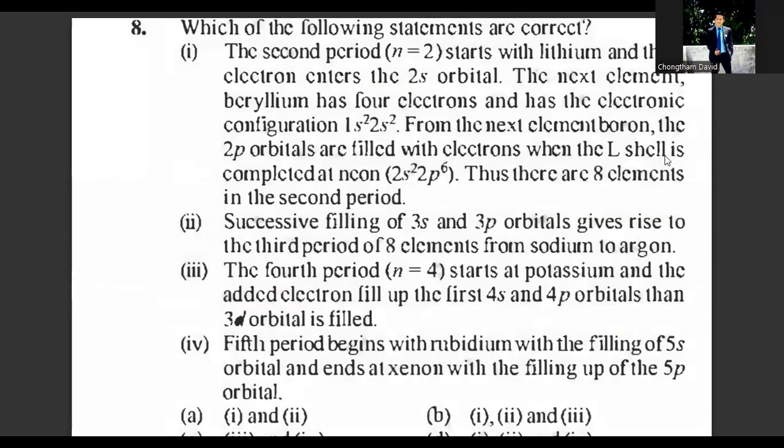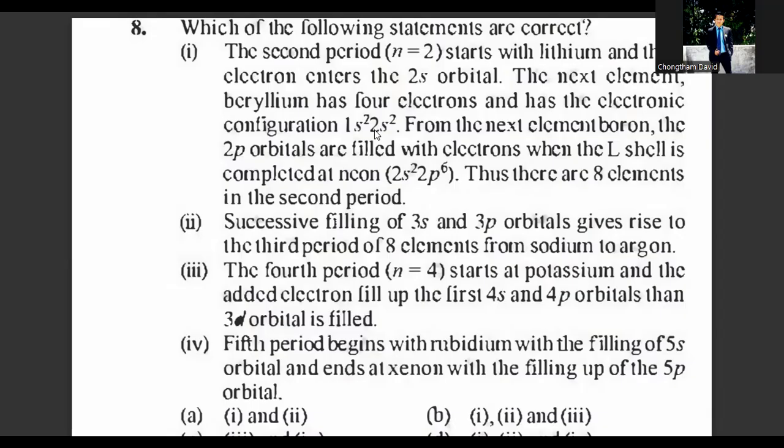Alright, question number 8 is quite lengthy. Let us read slowly. Which of the following statements are correct? The second period starts with lithium and the third electron enters the 2s orbital. The next element, beryllium, has 4 electrons and has the electronic configuration 1s2, 2s2.